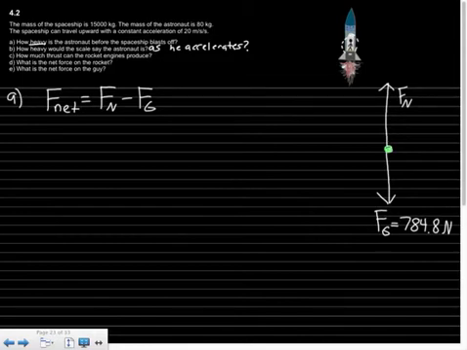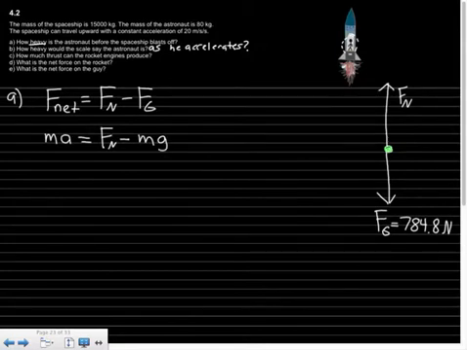Okay? And now we need to figure out each thing. The net force is going to equal the mass times the actual acceleration of the guy. And that's going to equal the unknown normal force minus the weight, which we already figured out, but I'll write it out just for the heck of it.